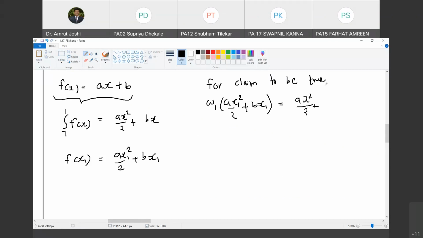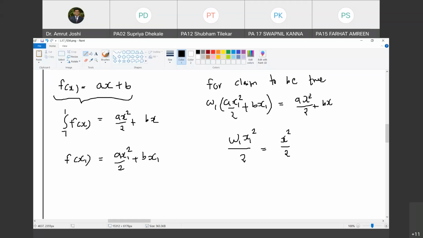Happy? Yes. So what are the coefficients of a? On the left hand side it is w1 x1 square by 2. This has to be equal to x square by 2.